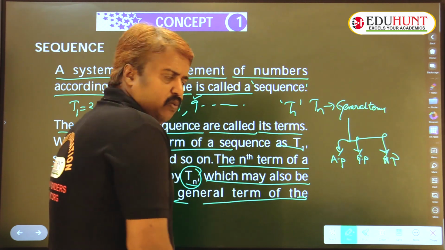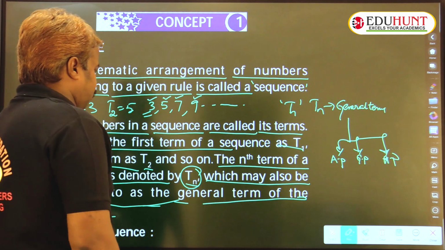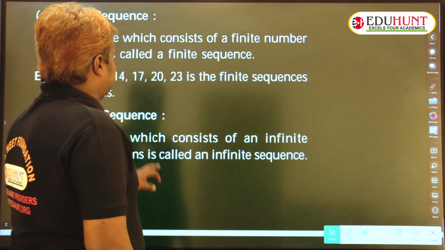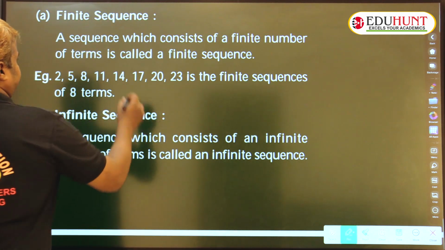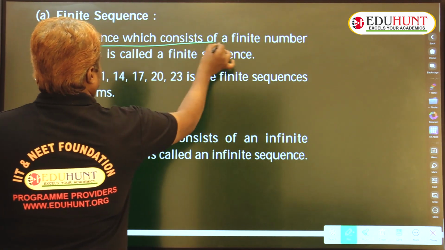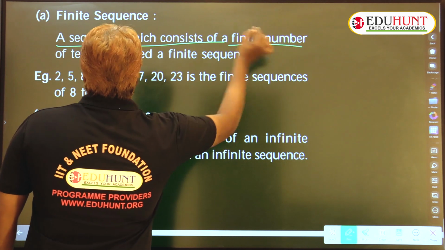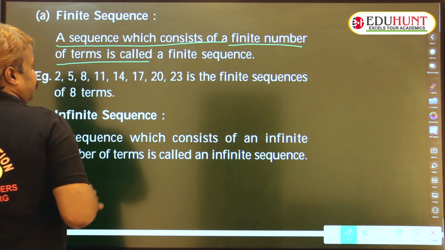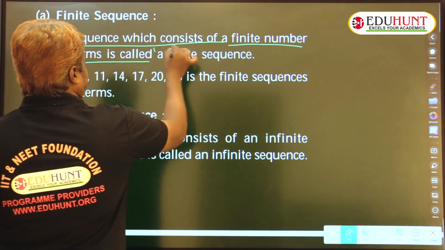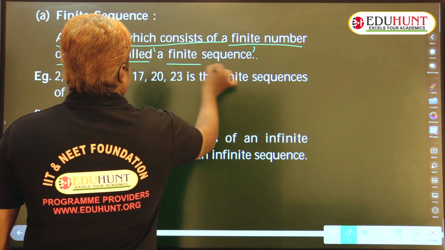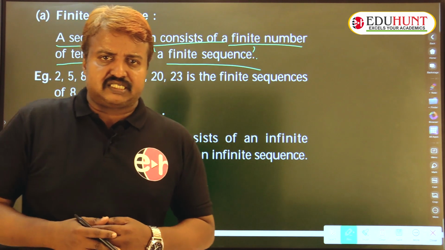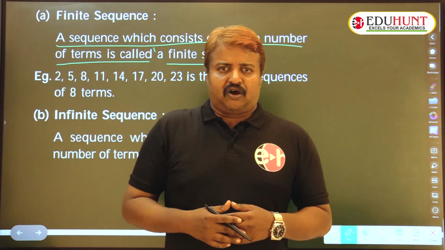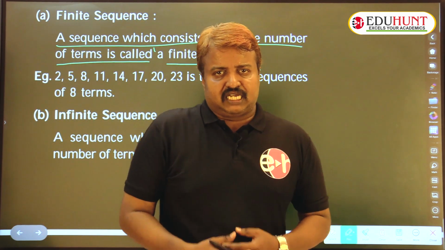Now the next one. A finite sequence is a sequence which consists of a finite number of terms. A sequence which consists of a finite number of terms is called a finite sequence.